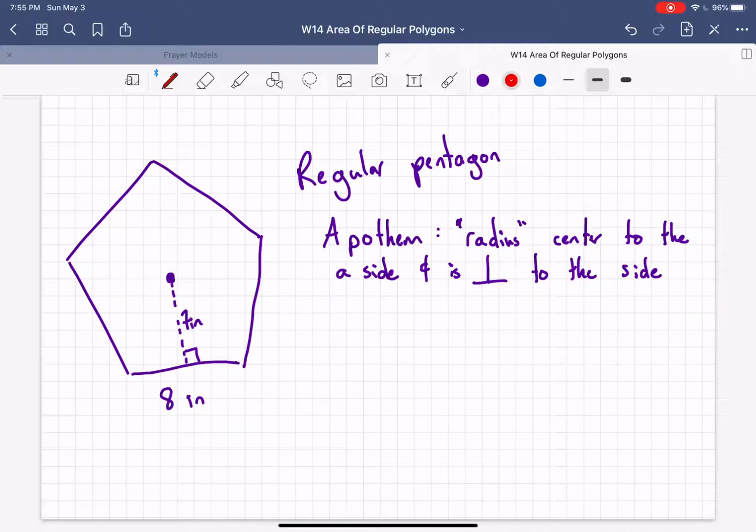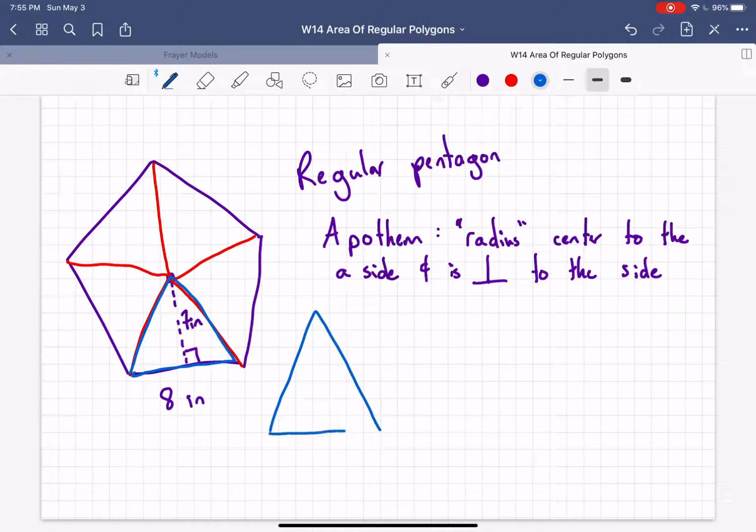So what we can do, just like we did for our angle sizes, is break this pentagon into 5 triangles. And because this is a regular pentagon, each of those triangles is going to be the same size. So if we found the area of just one of them, then we'll know the area of all of them. So that's what our new focus is going to be.